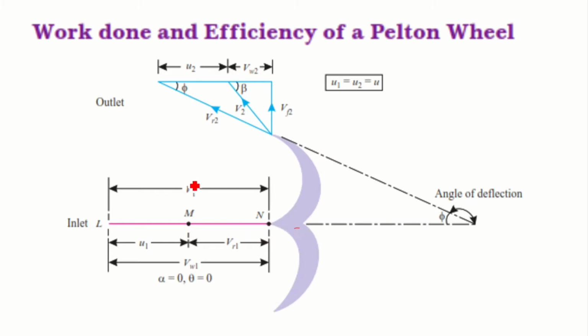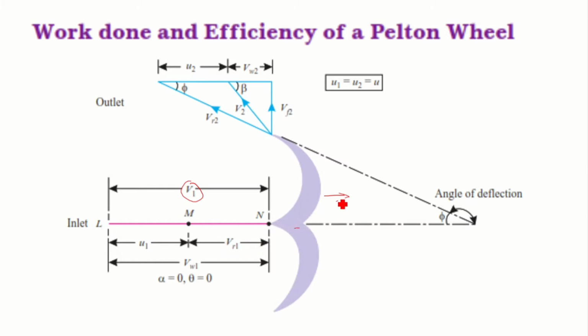So V1 represents the absolute velocity of the jet, that is the velocity of the jet issuing from the nozzle, and u1 represents the speed of the bucket, the speed with which the bucket is moving, and Vr1 represents the relative velocity, the actual velocity with which the jet strikes the plate.